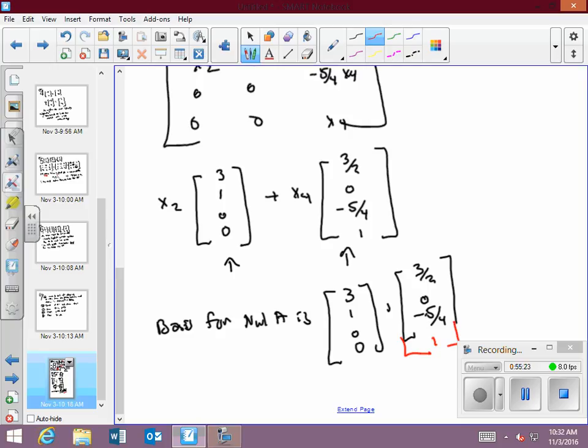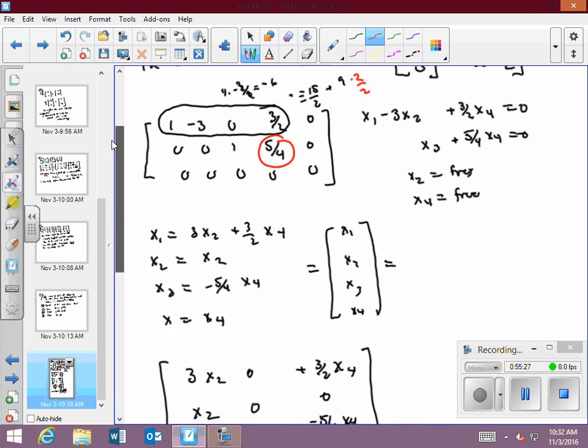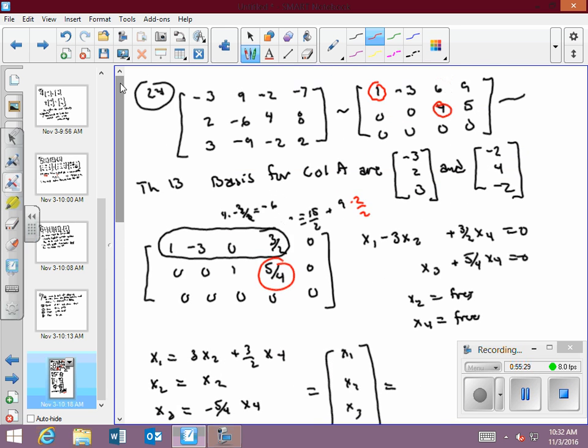Basically, what you have to do is, if you're going to get the basis for column A, then you got to get to the pivot points. So then you go back to your original matrix, and the columns for those pivot points are the vectors for the basis.